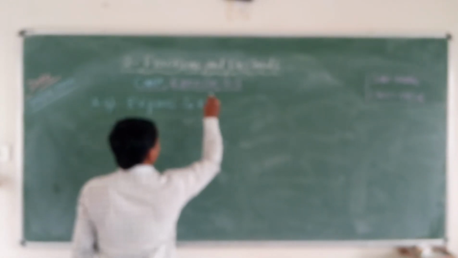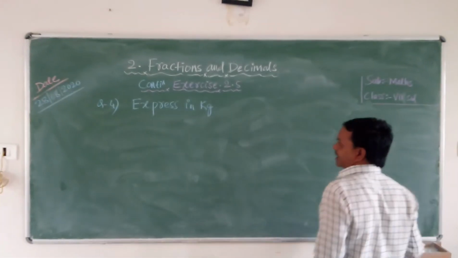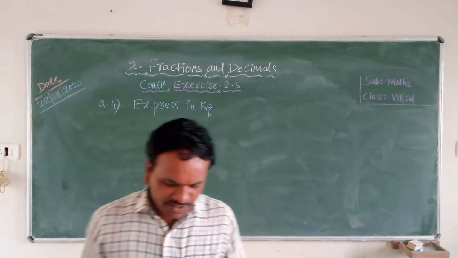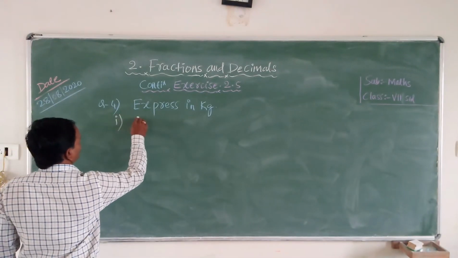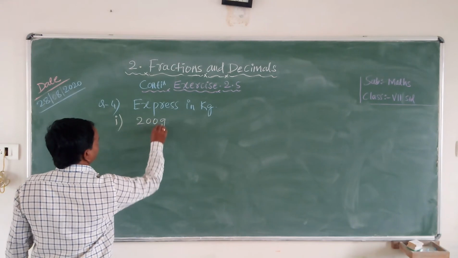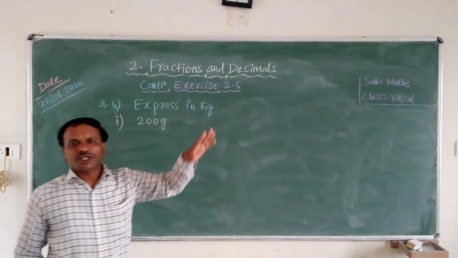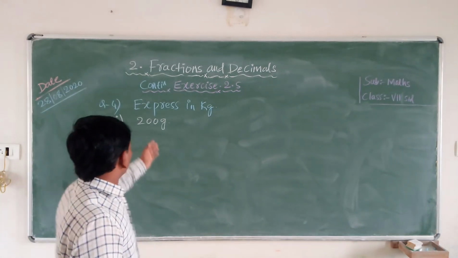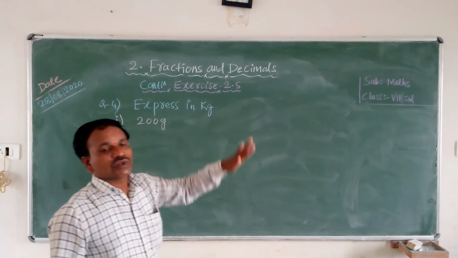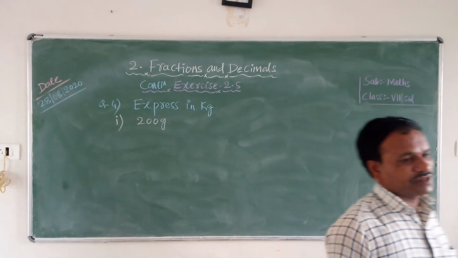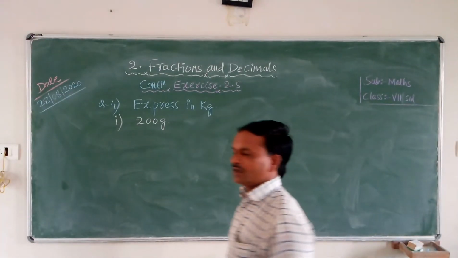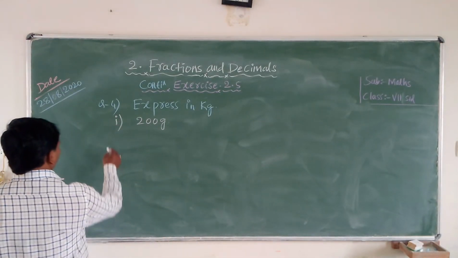So express in kg. What is there? First one is 200 gram. G means what? Gram. Kg means what? Kilogram. So grams are given, and you have to convert into kg, kilogram. In decimals, only decimals will come.